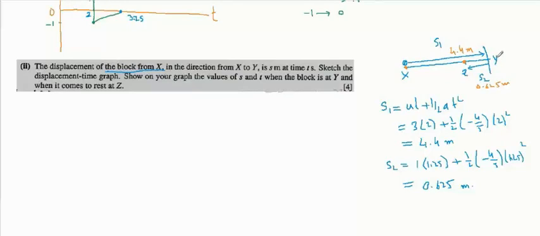Displacement of Y is 4.4 and displacement of Z will be 4.4 minus 0.625, so that will be 3.775. So the calculation part we have done: the displacement of Y is 4.4 and the displacement of Z is 3.775. So now we have to sketch the graph.